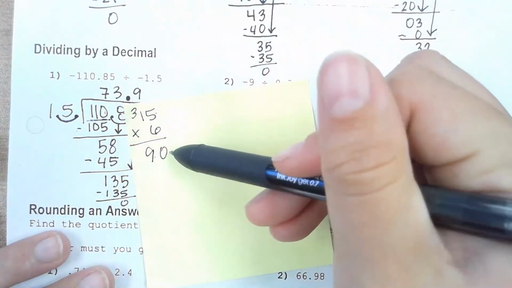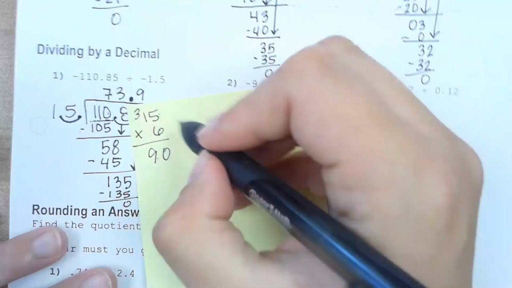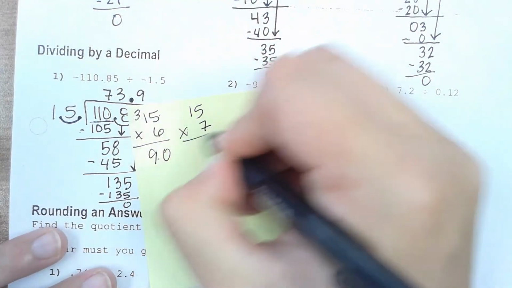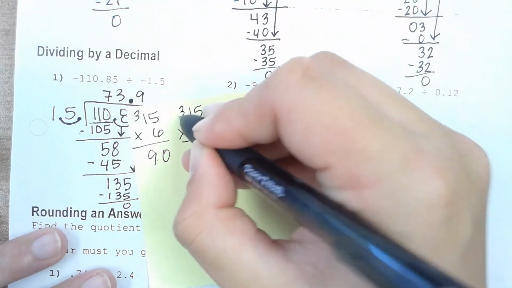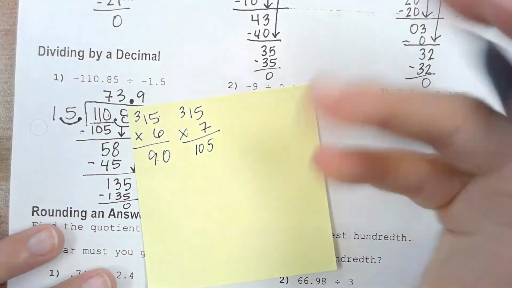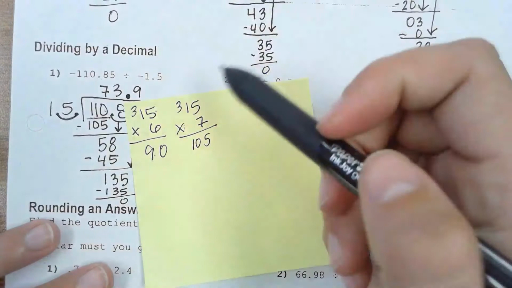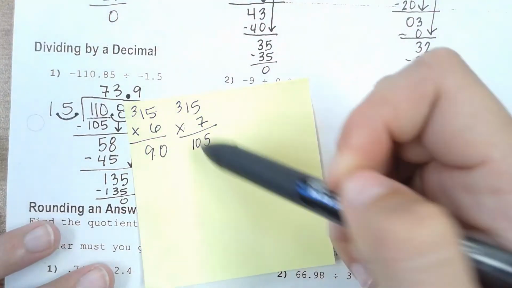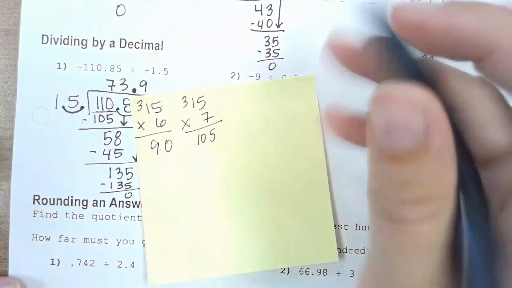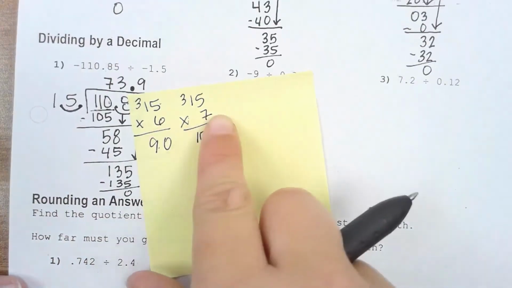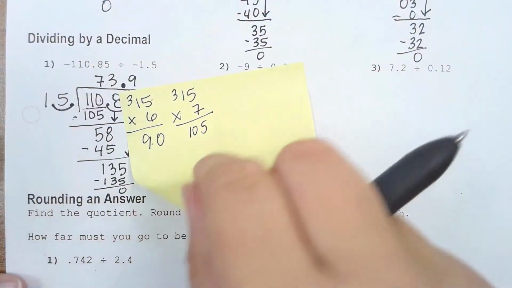So that was 90, so I can go a little bit higher. That's when you try 7, and that gave us the 105. So you're just trying things out. Yes, I know it's more math, and some of us don't like to do more math sometimes, but it's really just a guess and check kind of game to see what number can get us the closest to the number that we need.